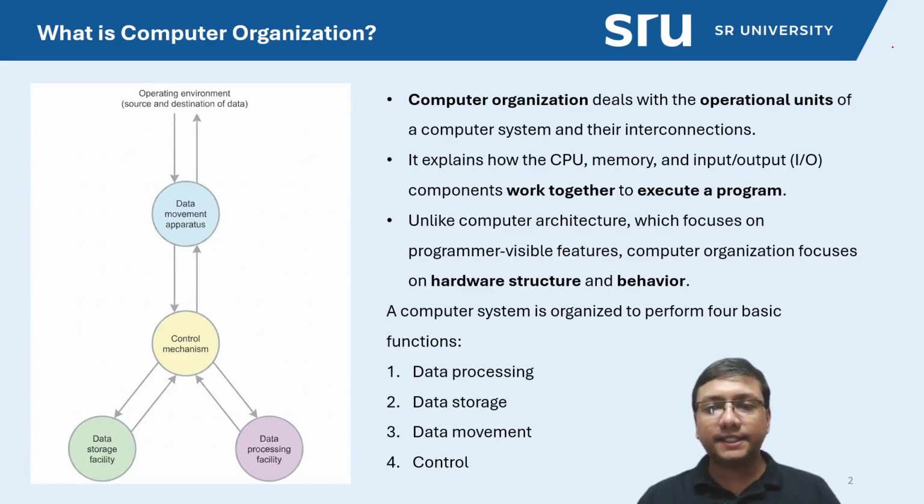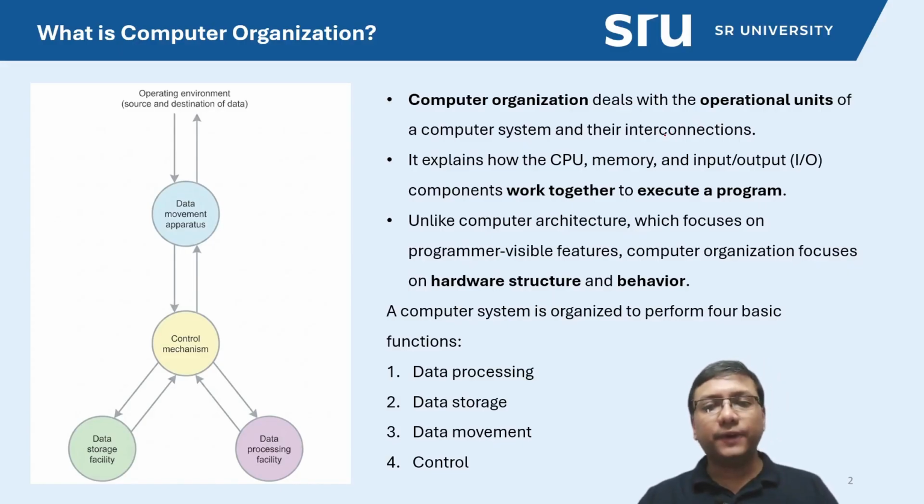Computer organization means to organize different units of a computer. What does it mean? It means how several operational units like CPU, memory, and input and output components work together to execute a program. That is the main goal of computer organization.